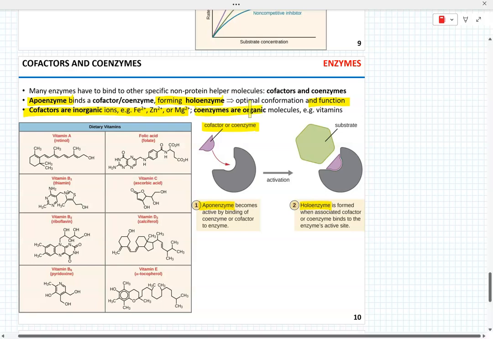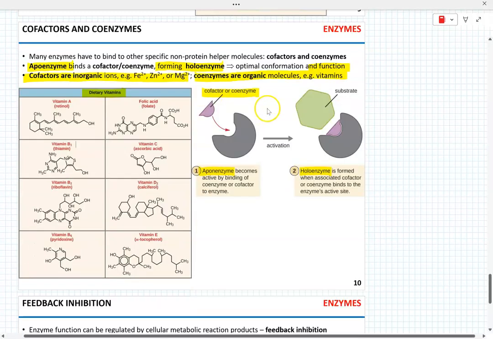Coenzymes are organic molecules that are necessary for the catalytic activity of the enzymes. You can see that a lot of coenzymes are essentially derived from dietary vitamins, from riboflavin and thiamine to ascorbic acid and folate.